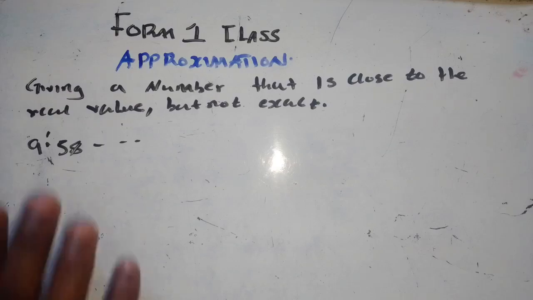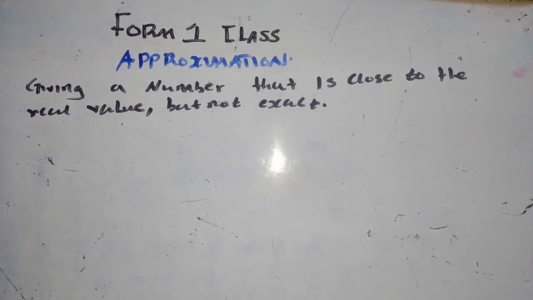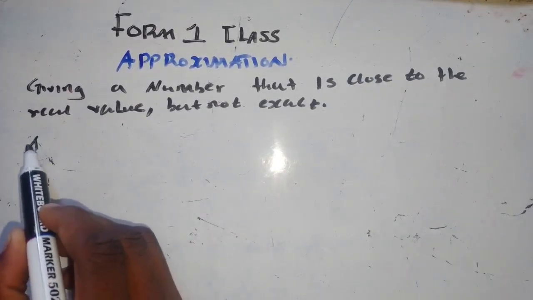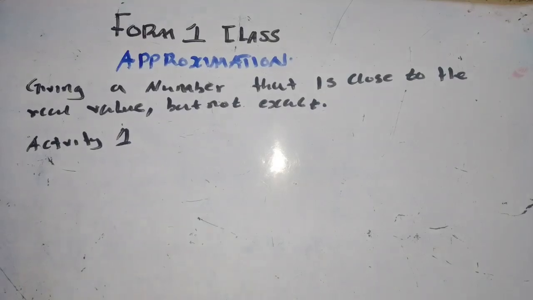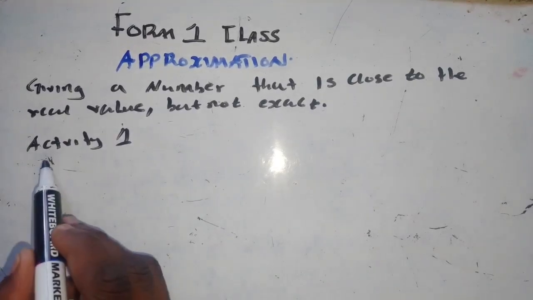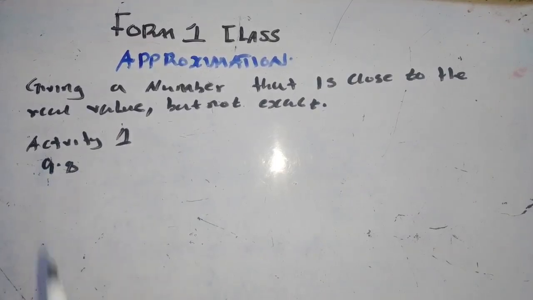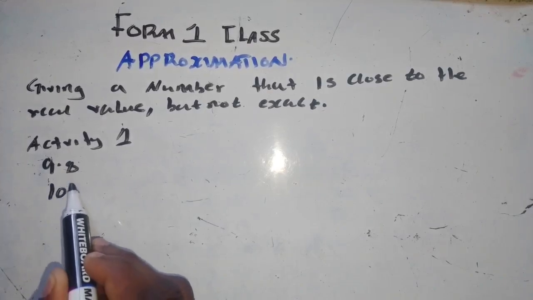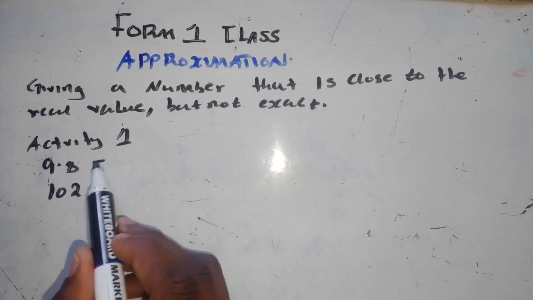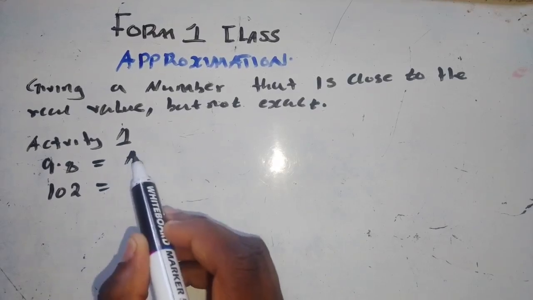Okay, so we've got the first activity, Activity 1. So let's try to approximate this. Of 9.8, this is the exact value, we also have another one, 102. Let's approximate this.